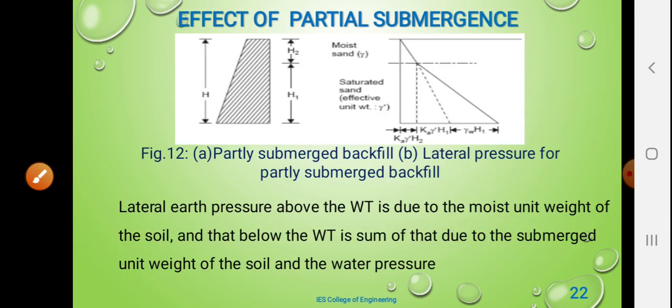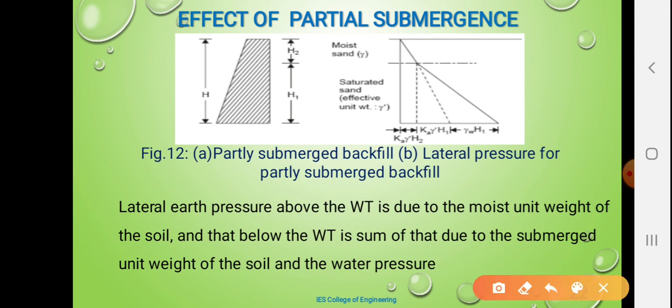Then the next condition is the effect of partial submergence. Here the water table is at a depth of h2 from the top. So, here the earth pressure is due to the unit weight of soil above the water table and the submerged unit weight of soil below the water table plus the effect of pore water pressure.